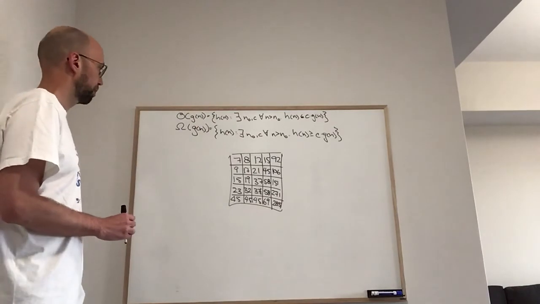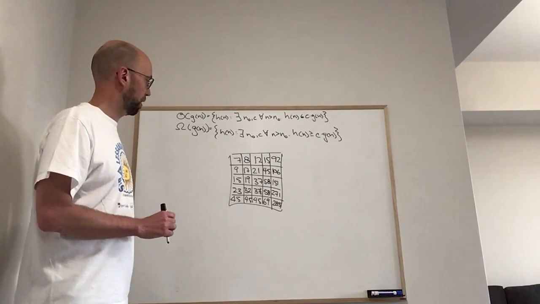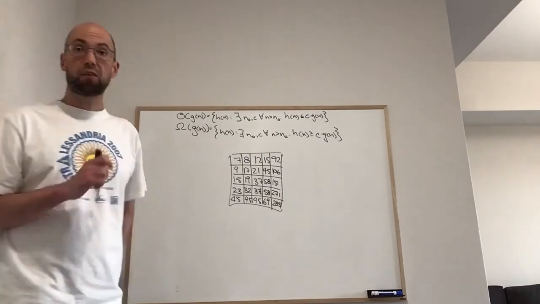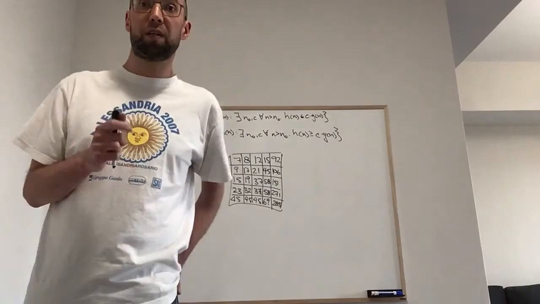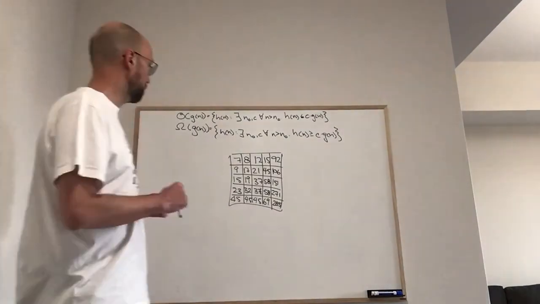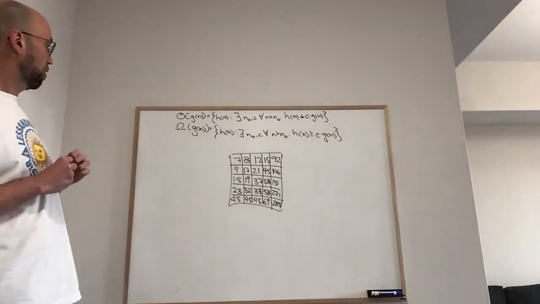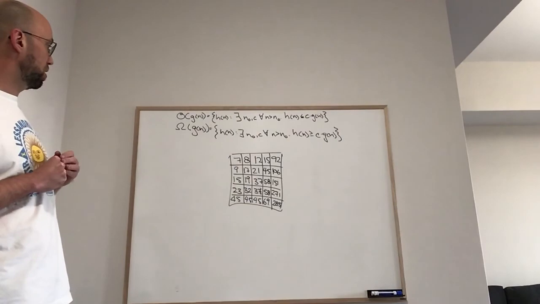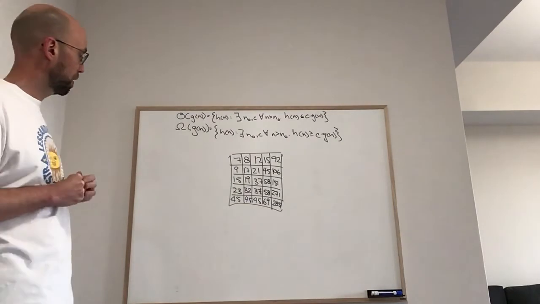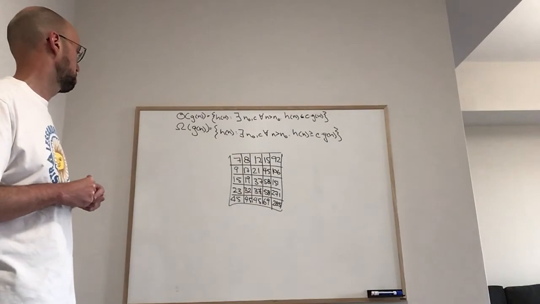So you have this grid. Now notice every row and every column is sorted. Suppose I give you a number, for example 39, or let's say 36.